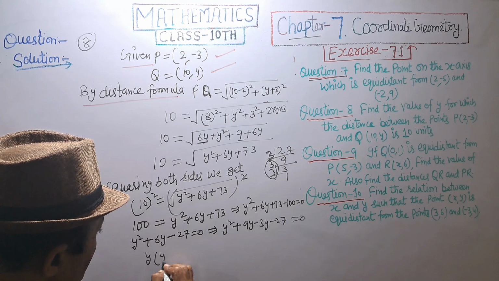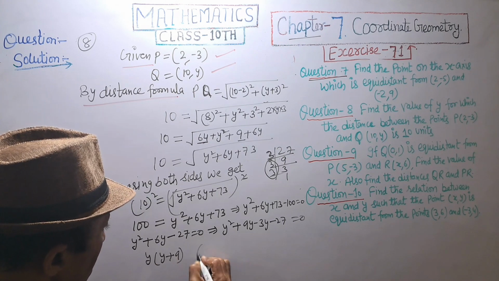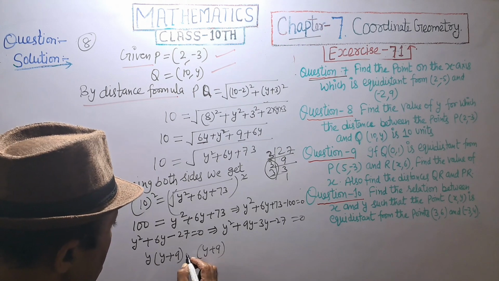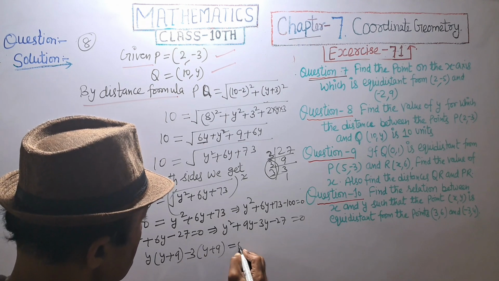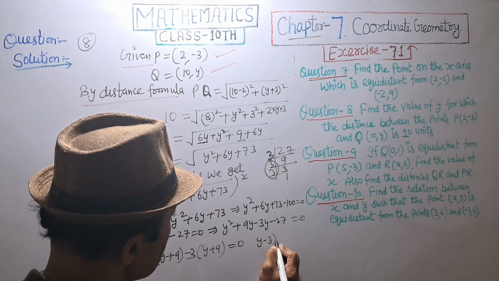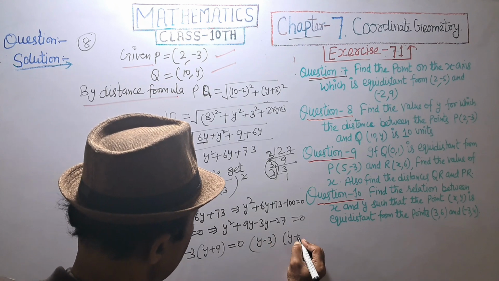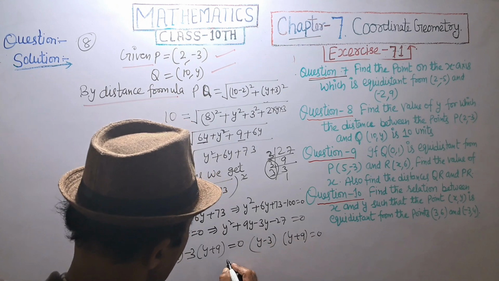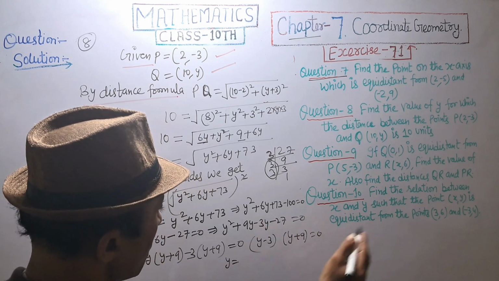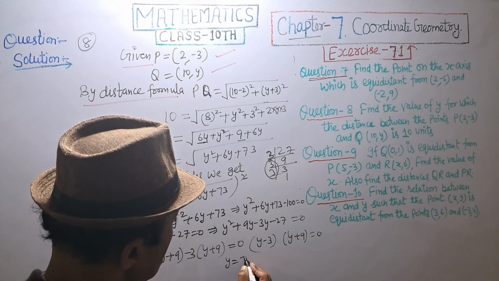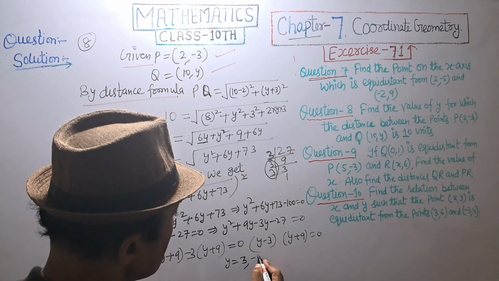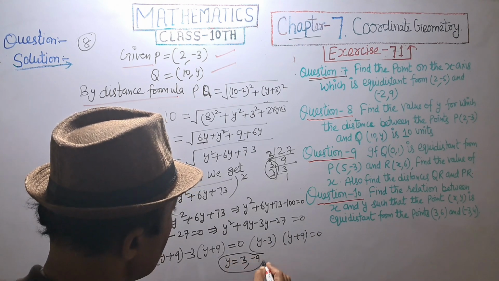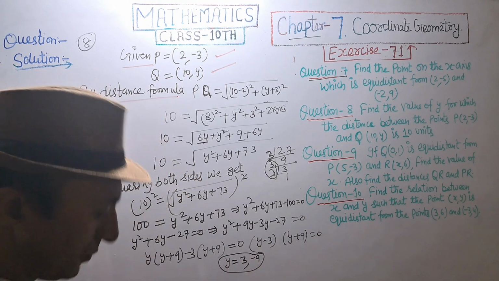Y is common, so y plus 9 in bracket. Y plus 9 in bracket, minus 3 is common, is equal to 0. (y minus 3)(y plus 9) is equal to 0. So y minus 3 equal to 0 means y is equal to positive 3. Y plus 9 equal to 0 means y is equal to negative 9. Answer.